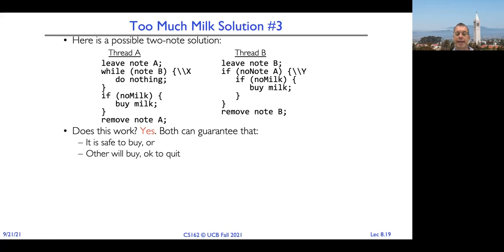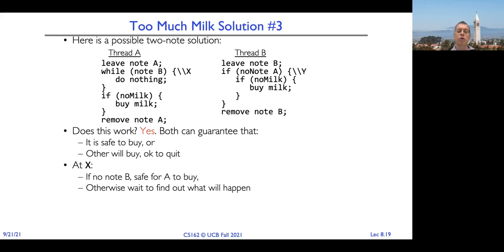Is it going to work? Yes. And how do you convince yourself? You see these 2 points, X and Y, in each of these thread programs. And what you say here is that at X, if there is no note B, it is safe for A to buy.